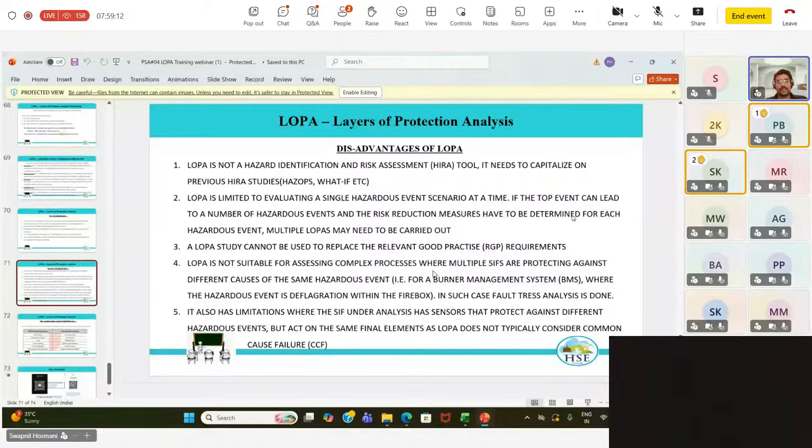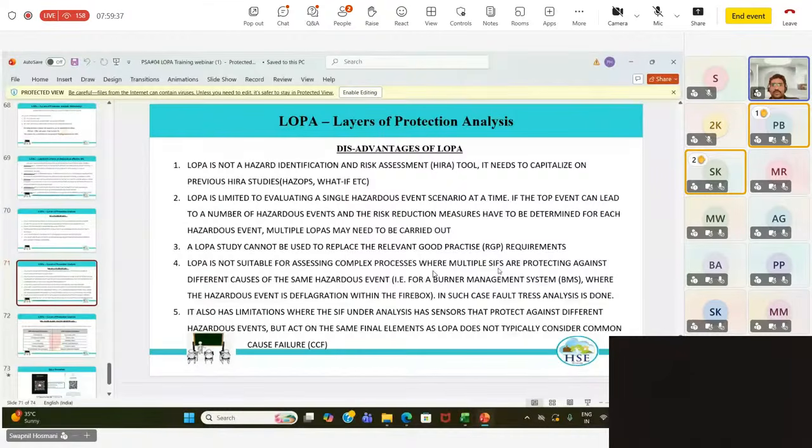Then LOPA is not suitable for assessing complex problems where multiple SIFs are protecting against different causes of the same hazardous event. An example is a burner management system, where the hazardous event is deflagration within the firebox. So what they are saying is that it is not suitable for assessing complex processes where there are multiple safety instrumented functions protecting against different causes.